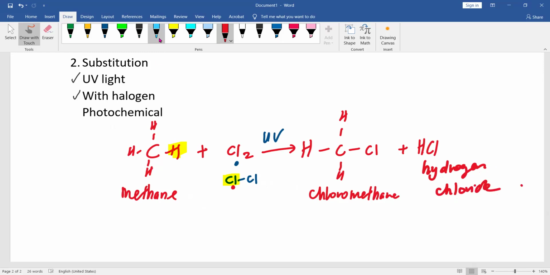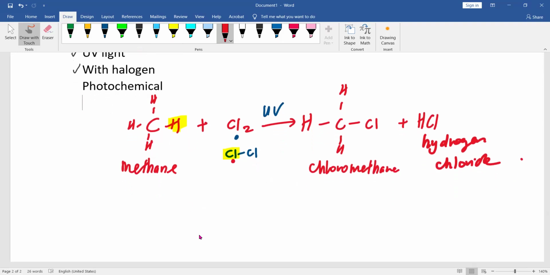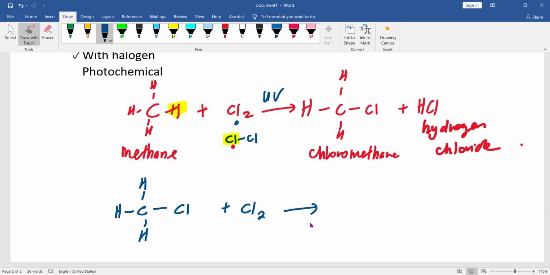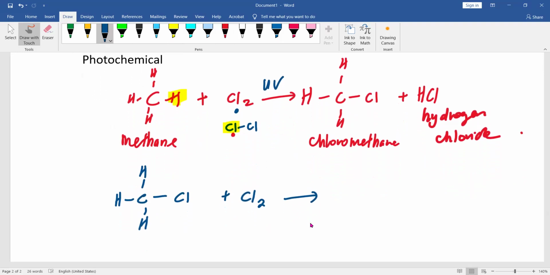Now what you need to remember is you can only swap one chlorine at a time, and when you swap, you must use chlorine. Dichloromethane, not two chloro. Chloro means where's the position.